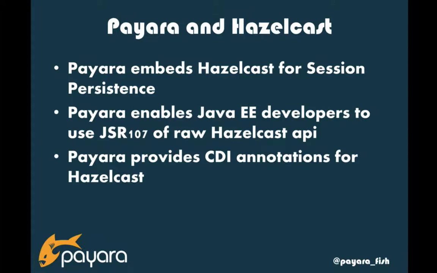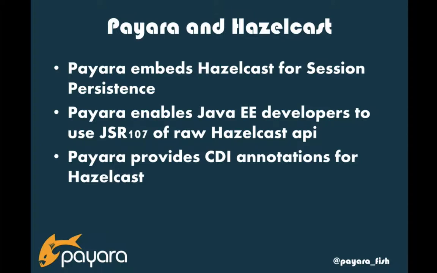It also embeds the JSR 107 APIs that we've been demonstrating. So that allows you to use both the JSR 107 CDI annotations, and the actual JSR APIs like Cache Manager, caching provider, cache, etc., which we haven't demonstrated in this webinar for time. And it also gives you access to the raw Hazelcast API.